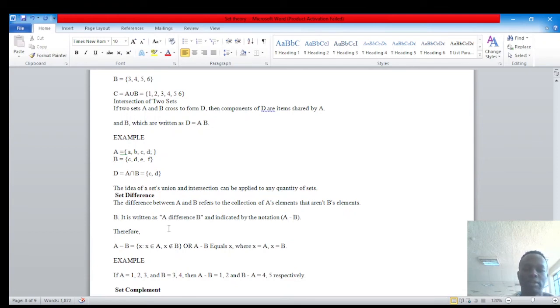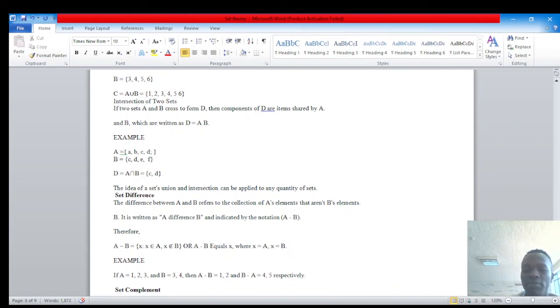It is written as set A difference B, or indicated by the notation A minus B. So set A difference B is equal to, open the bracket, x such that x is in A and x is not in B.